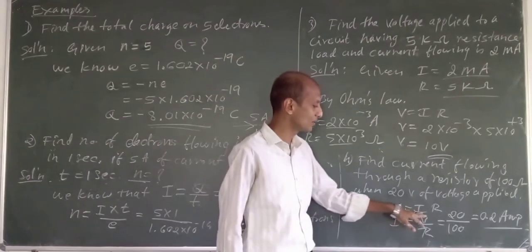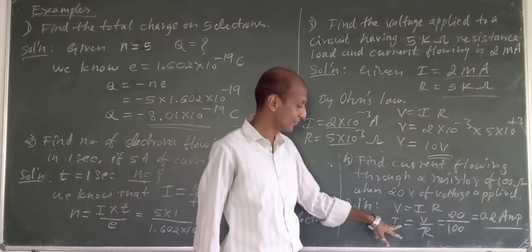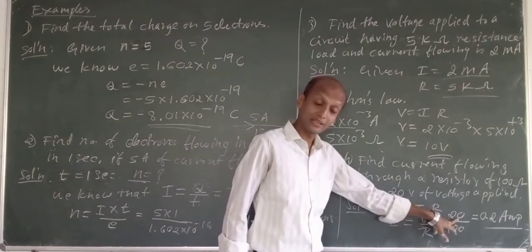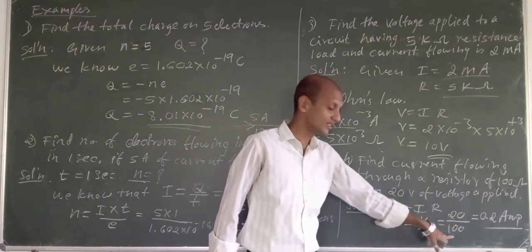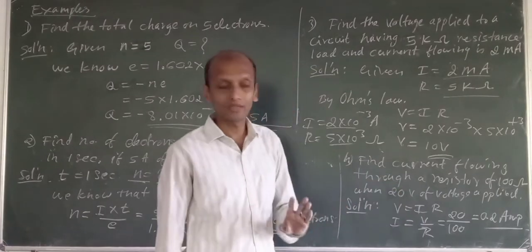So we know that V is equal to I into R. If I rearrange things, I will get the equation I is equal to V divided by R. V is 20 volts, divided by resistance R is equal to 100 ohms. Here there is no kilo, isn't it?